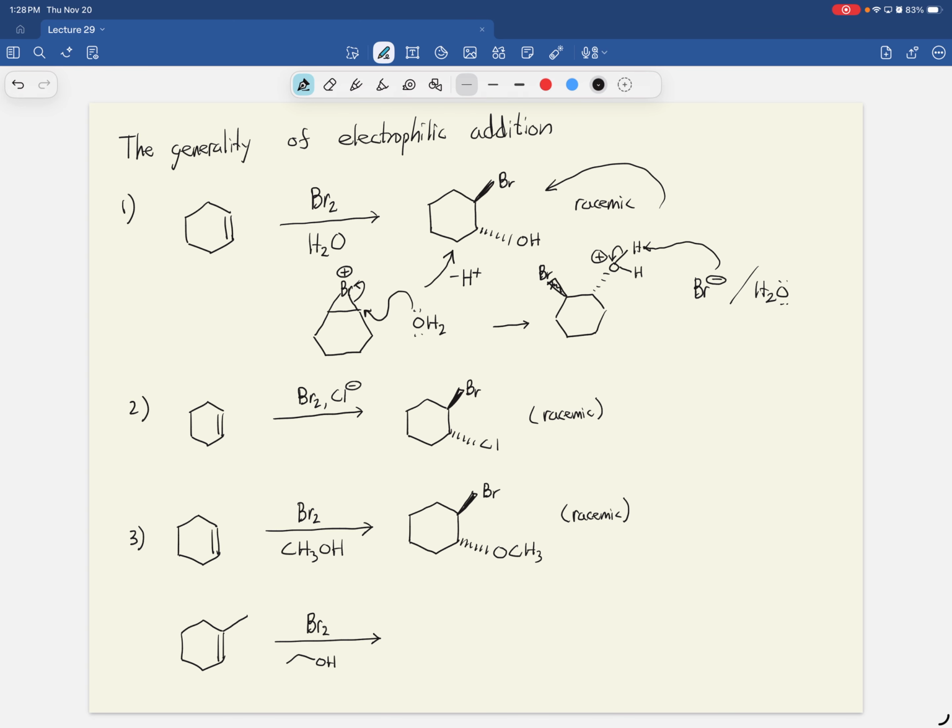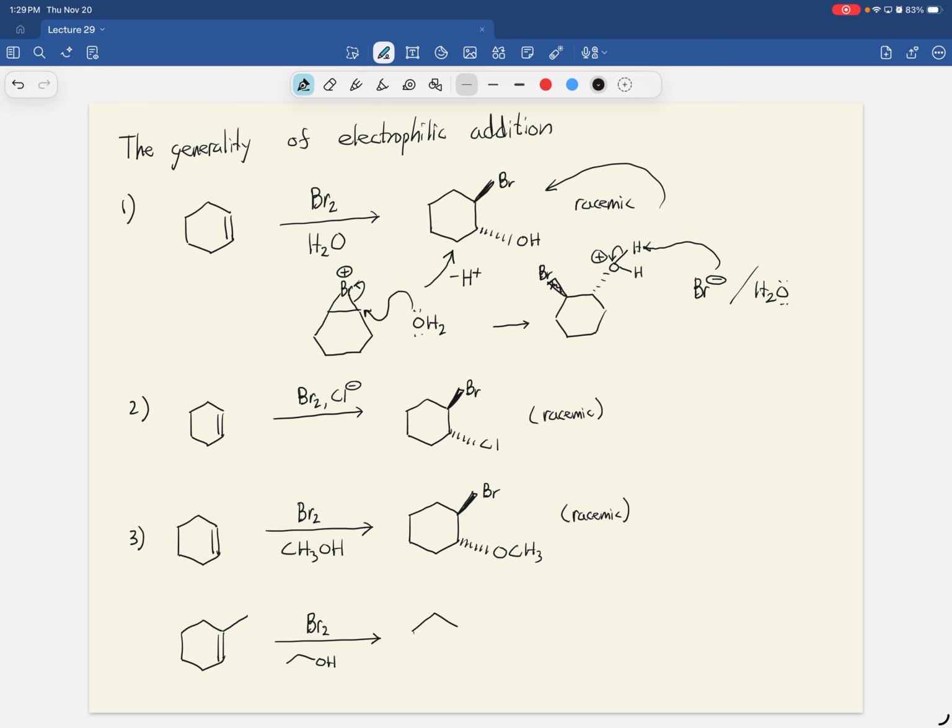Close. Not exactly. No, not exactly here. So let's think about it, let's just draw the intermediate here. So let's go through the intermediate.